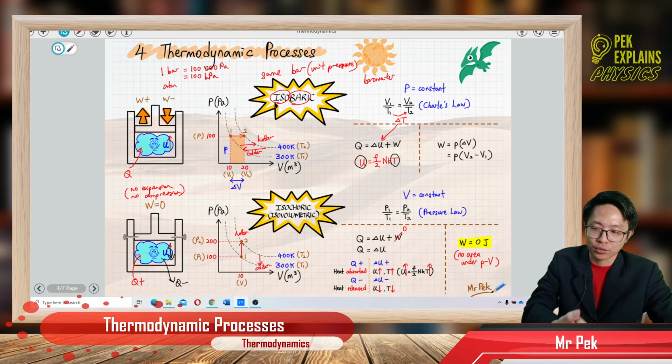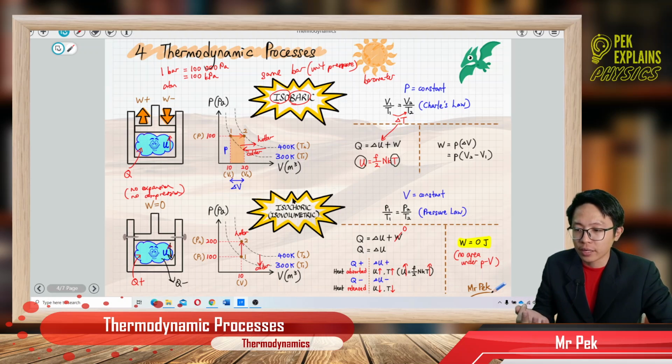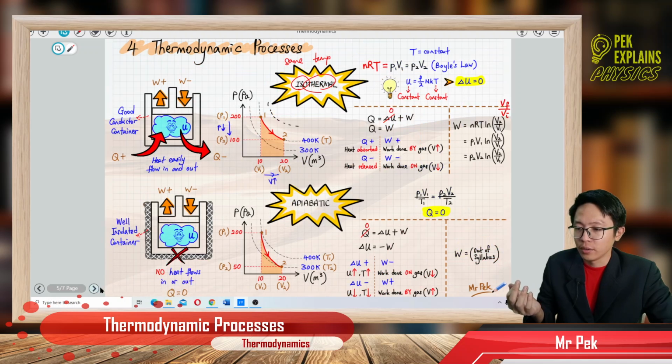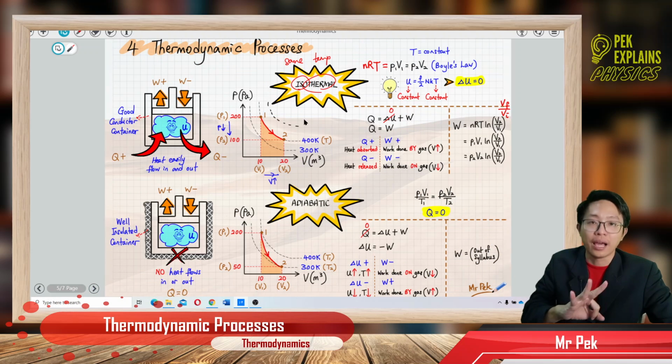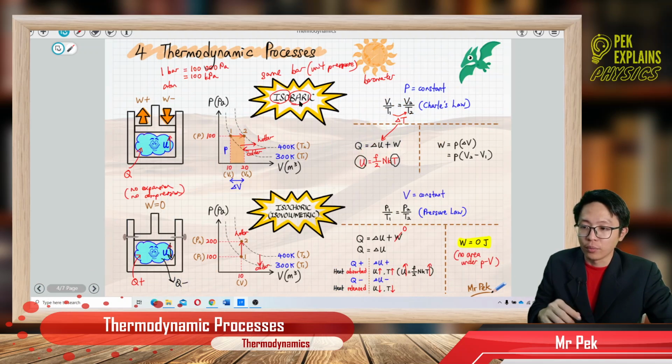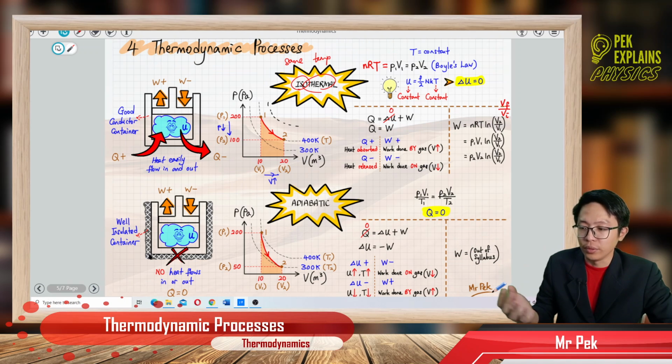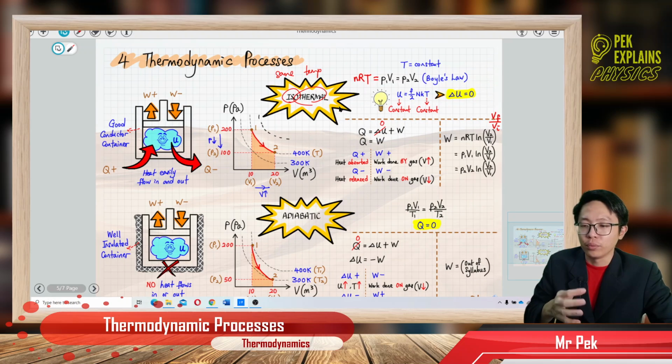We have three iso actually: isobaric, isochoric, isothermal. We only have pressure, volume, and temperature.